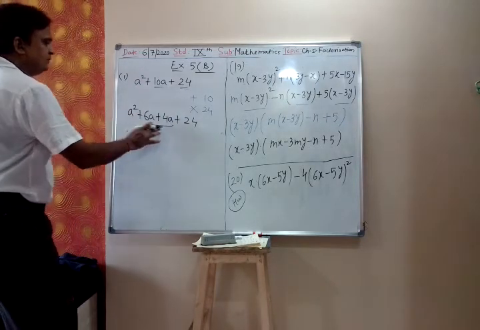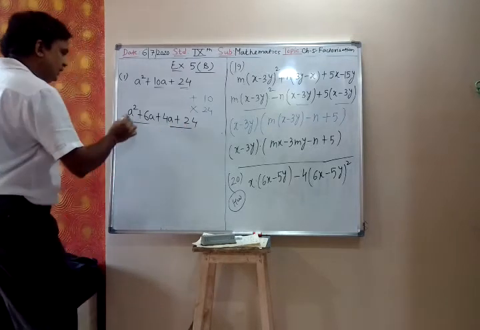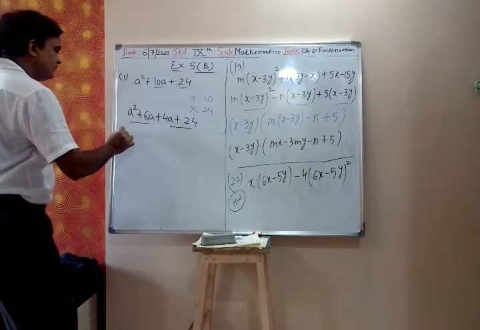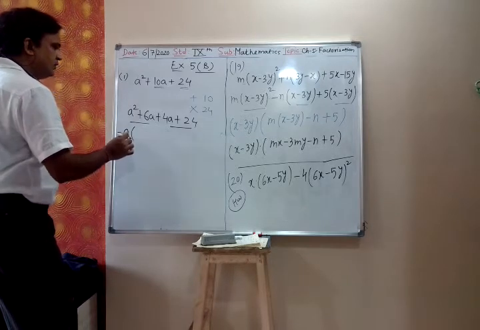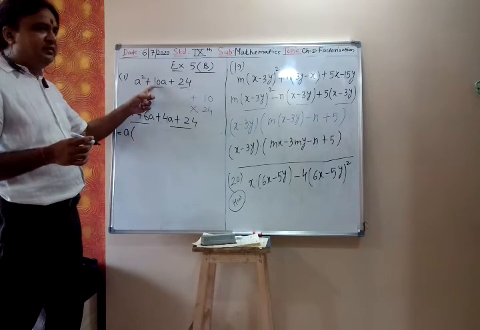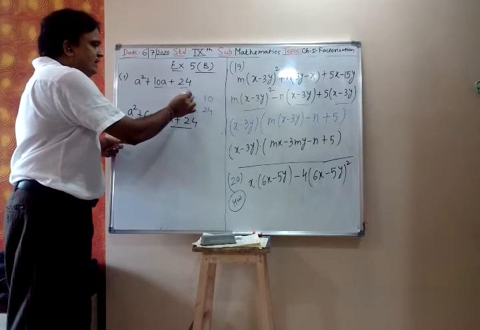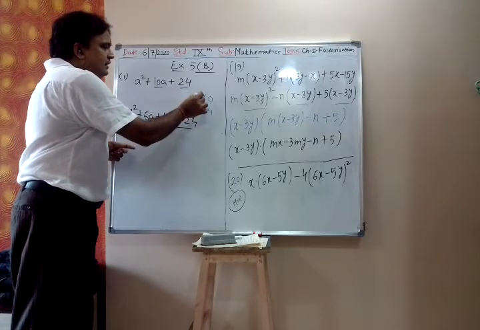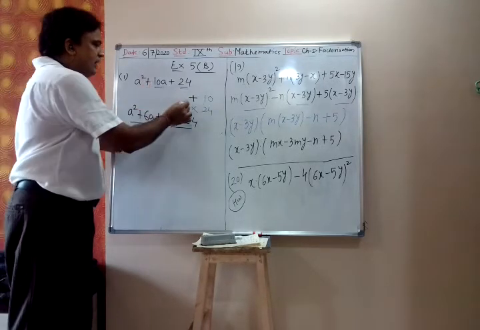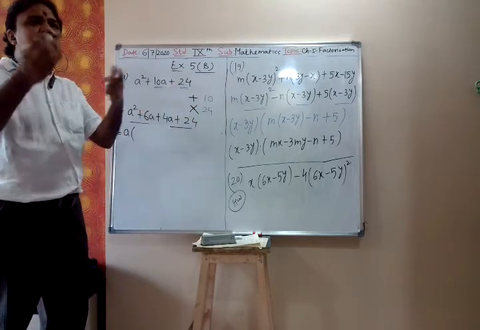Let us simplify. Let us take these two terms together, these two and these two. In the first two, a is common. The middle term is 10. So find two numbers such that their addition is plus 10 and multiplication is plus 24. So what are the two numbers? 6 and 4.